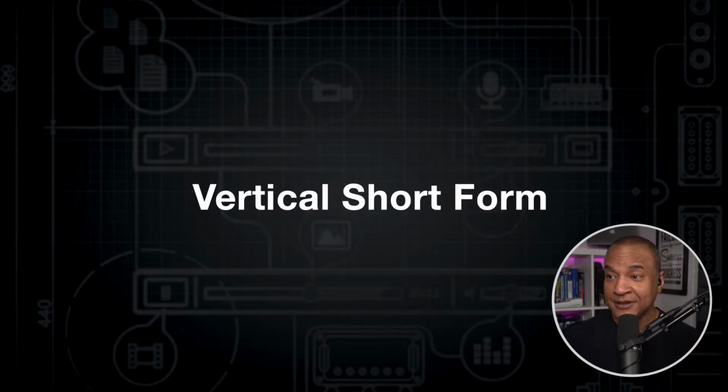There's a lot of people who are really interested in creating vertical short form video using iMovie. I know because my video on how to do it has got some 300,000 views. So there's a lot of interest in that. And then there's people who despise vertical short form video, and I hear from them too.